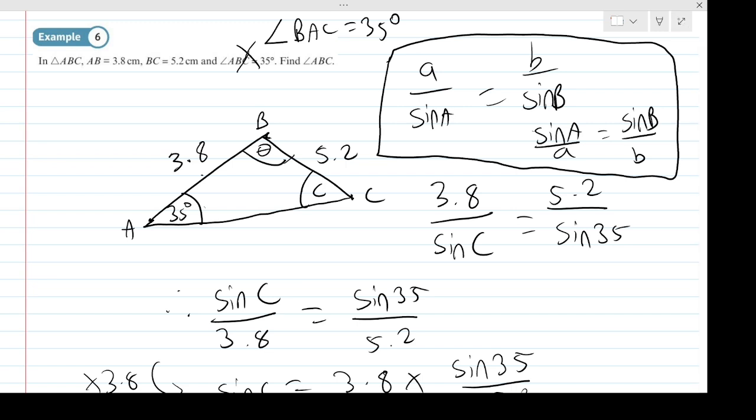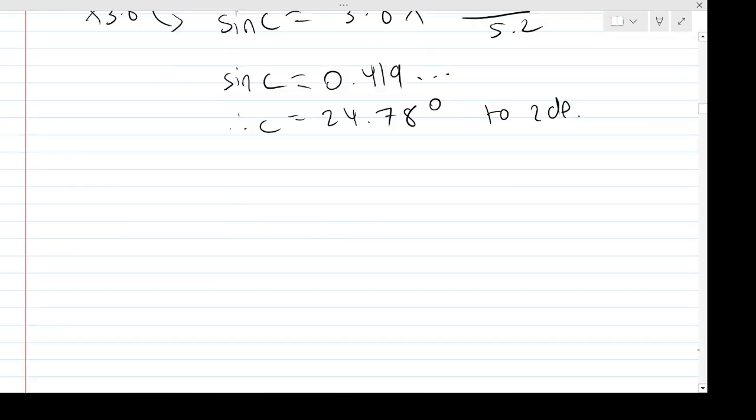But I know two angles in a triangle already then, don't I? So then to find the other angle, I should know that the angles in a triangle add up to 180. Therefore the angle 35 at A and the angle at C, which is 24.78, and the angle theta have to add up to 180.